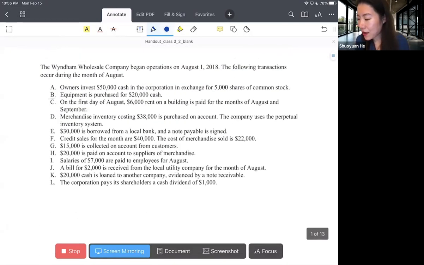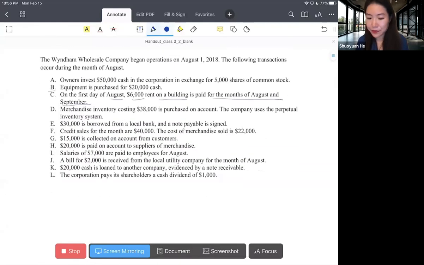The next one: on the first day of August, 6,000 rent on building is paid for the months of August and September. So this is a prepayment, right? Cash is paid in advance of the economic event. What is your journal entry? Cash is paid, so cash decreases. And at the same time, the expense hasn't occurred yet.